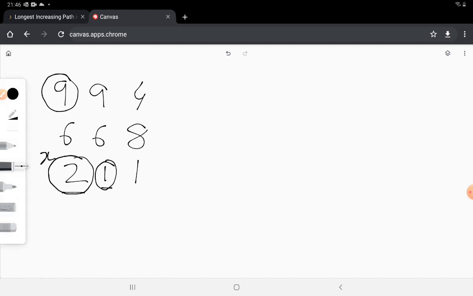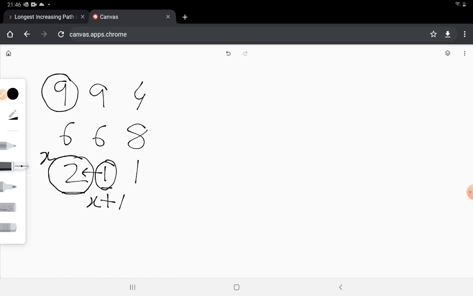Since you can always move from 1 to 2, the longest increasing path from 1 would be x plus 1, because x is the longest increasing path length from 2, and then one step more is from 1. So there is a recursive approach which could help over here, wherein we recursively find the longest increasing path of the neighbors and then add 1 to it and move forward.